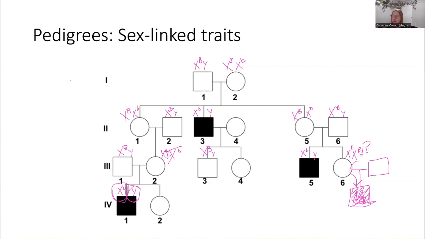So this little X here had to come from mom because dad only had the dominant trait to give her. And in that way, you could go along and you could fill in every genotype on the pedigree, unless you can't fill it in because you don't know whether or not they are a carrier or homozygous dominant.